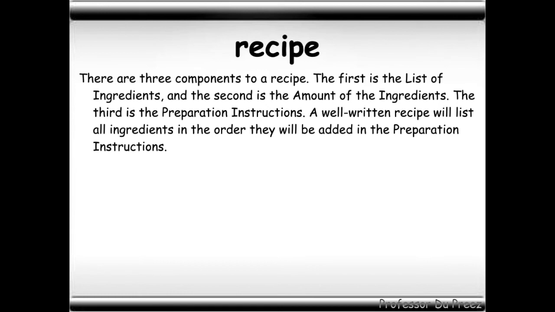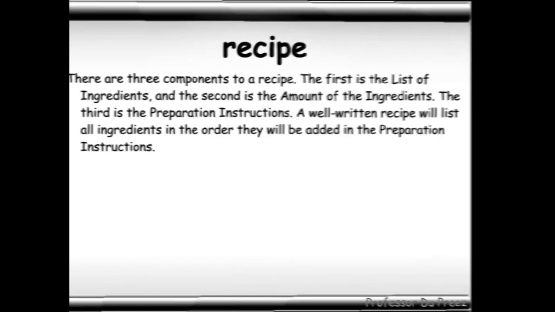A well-written recipe will list all ingredients in the order they will be added in the preparation instructions. So there's a smooth flow in the recipe to make it more efficient.